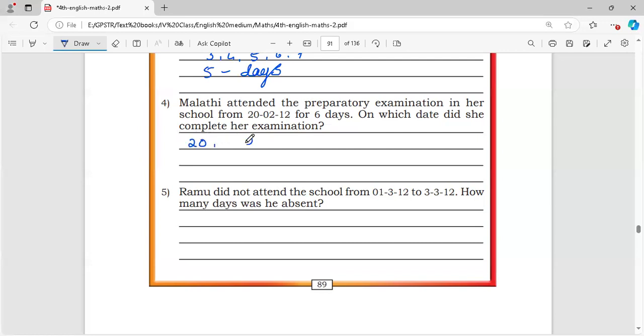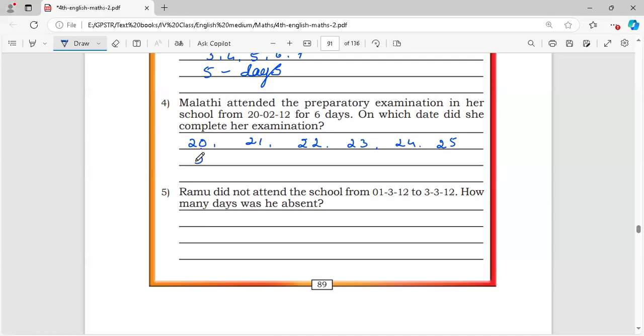20, 21, 22, 23, 24, 25. 1, 2, 3, 4, 5, 6 days.